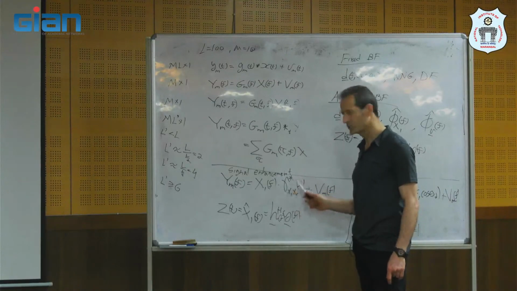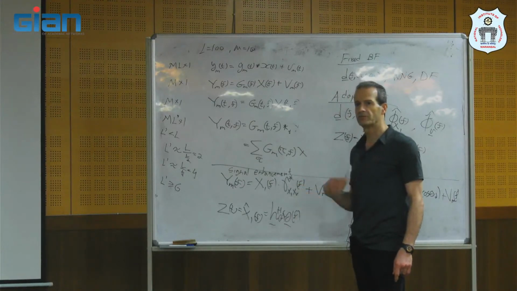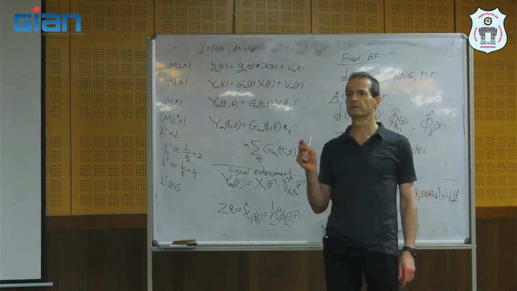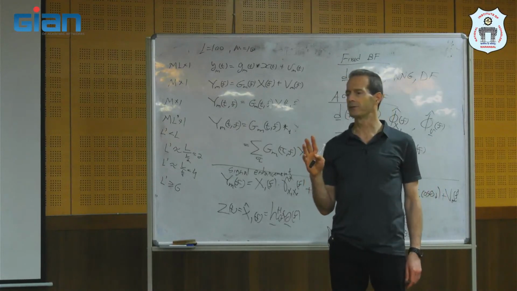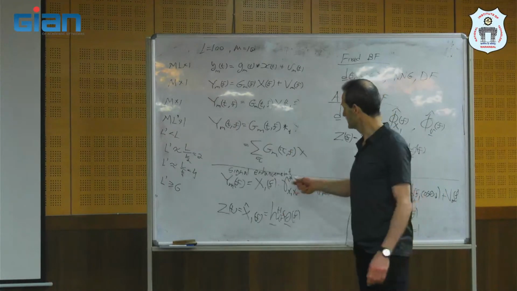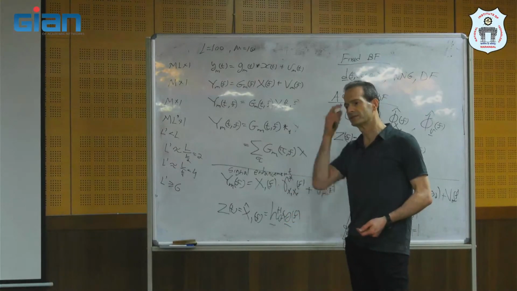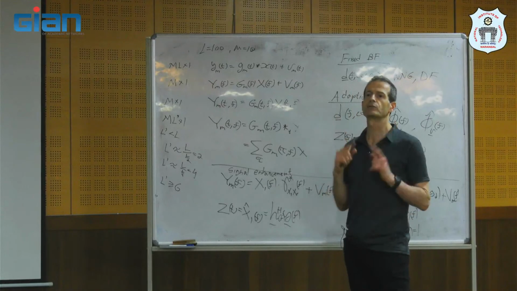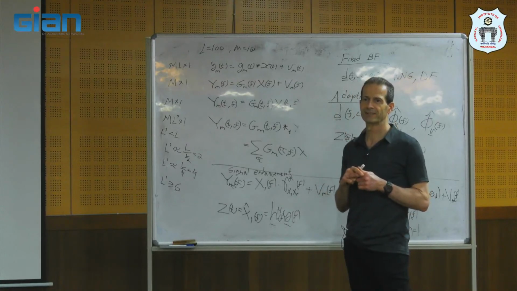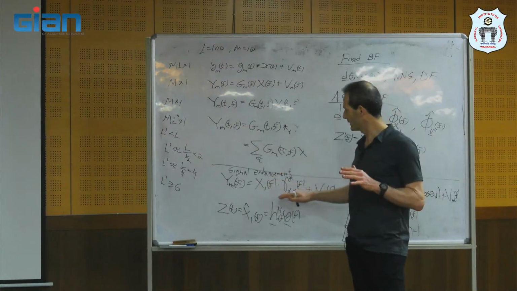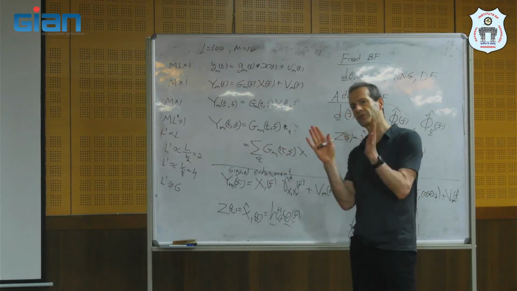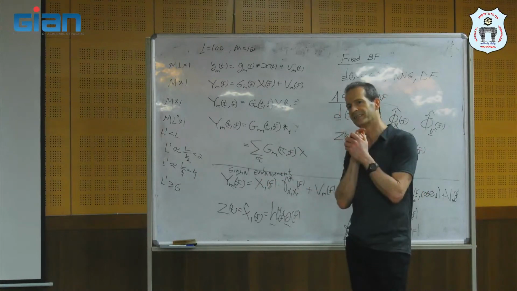But maybe these relative transfer functions are very difficult because if I move my head, these relative transfer functions change significantly. And maybe it's difficult to estimate them in an accurate way. Okay? So suppose that I know everything accurately.